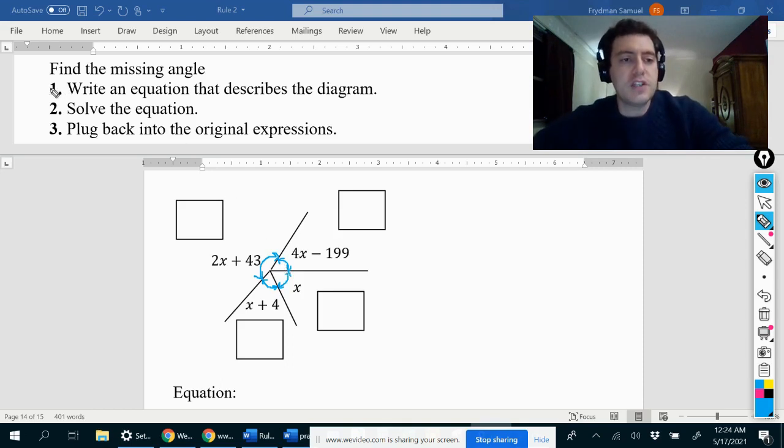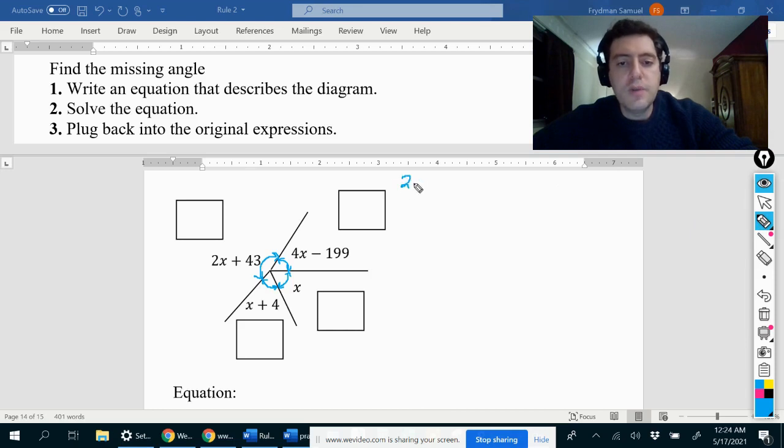So for step 1 here, write an equation that describes the diagram. The equation that we could write is that this angle plus this one plus this one plus this one. It actually doesn't matter which order we put them in. If we add up all of these expressions, we should get 360. So instead of writing it over here and then doing it over again over here like I've been doing, why don't I just write the equation over here?